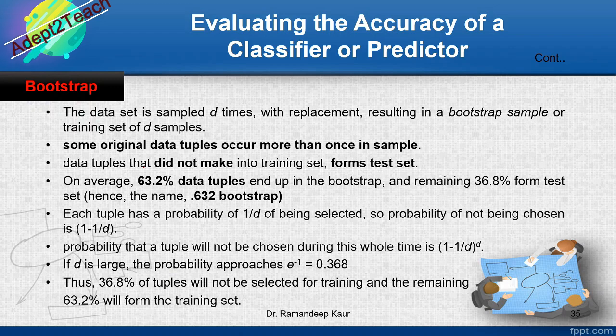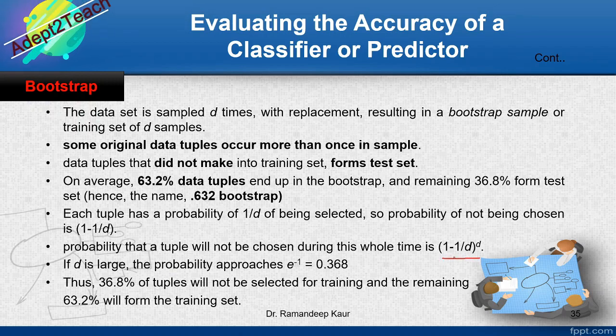Now if I have to calculate the probability that a tuple is selected, I can use the formula 1 by d. So the probability of not being chosen is 1 minus 1 by d. What is the probability that one tuple will never be chosen during the whole time? That probability is 1 minus 1 by d raised to the power d.